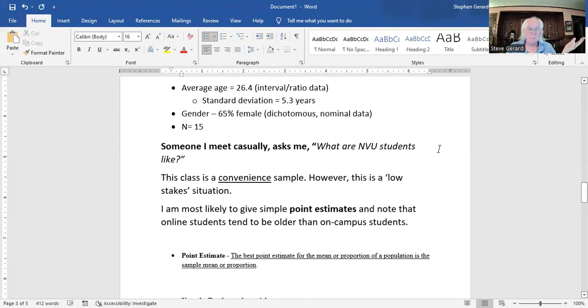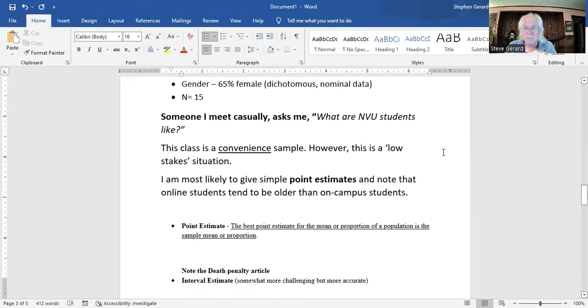The person's going to put something in the paper that the faculty member gave me bad information? No. In some settings, if you have to do things quickly and keep things simple, a point estimate is absolutely the best way to go. And the best point estimate is whatever your sample is.